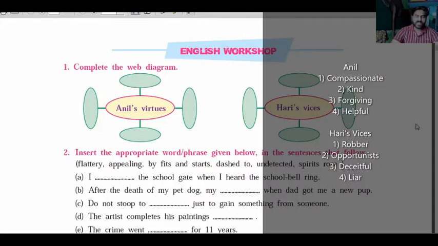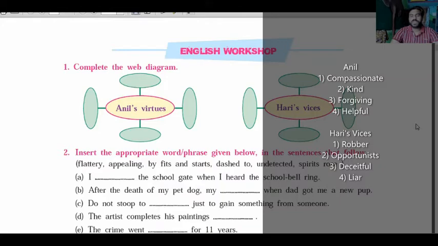Another word, in the third, is forgiving. How can we say that? Because when the thief stole the money from him, at that time he forgave the thief, whose name was Hari Singh. So that's why his virtue is forgiving. Then the fourth point is helpful. He is very helpful to anyone. His nature was that. So these are the 4 points in the left side diagram.